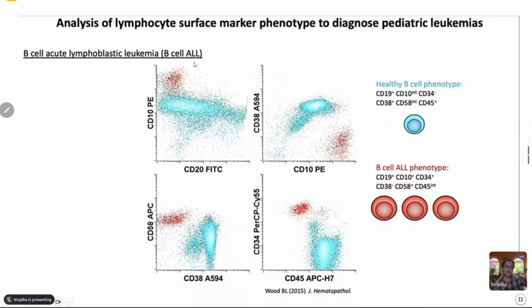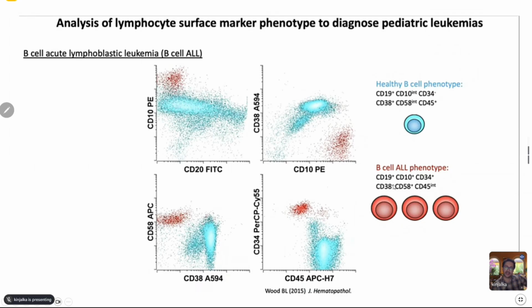So this here is an example of pediatric leukemia, B cell ALL, where you have say CD10 versus CD20. Now then again CD10 versus CD38. So the CD10 is here. You can see here the healthy lineage for B cell phenotype is CD10 intermediate, CD19 positive, CD34 negative, CD38 positive, CD58 intermediate, and CD45 positive.